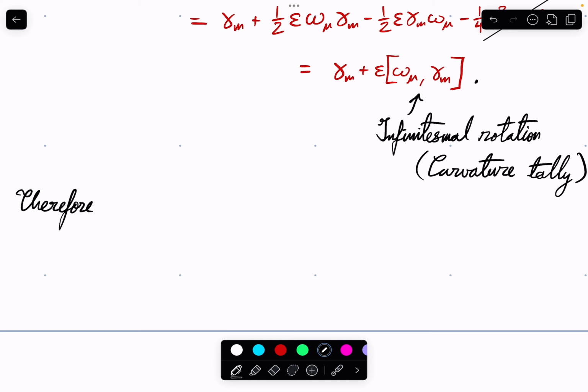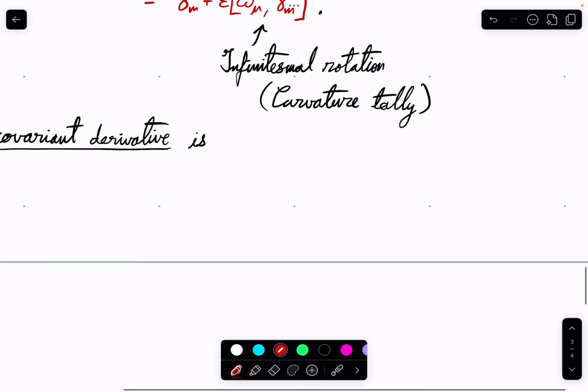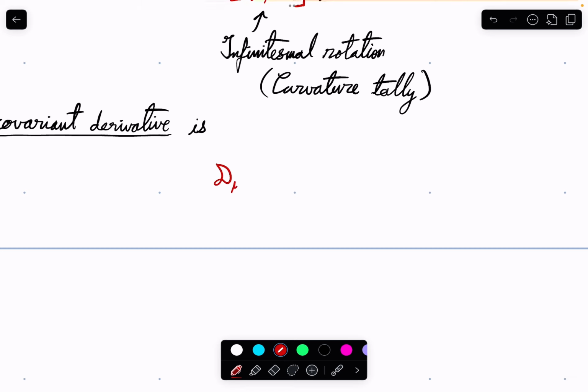Therefore, the covariant derivative is defined as partial mu plus the commutator of the generator of the rotation and whatever object you're differentiating. We don't have anything here or here, so that's why we have nothing here.